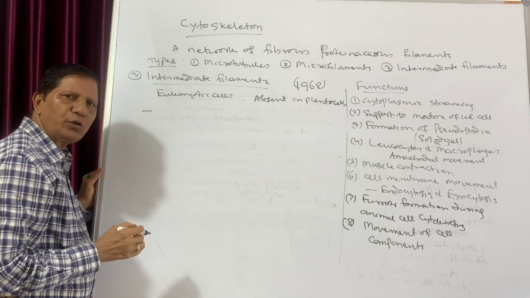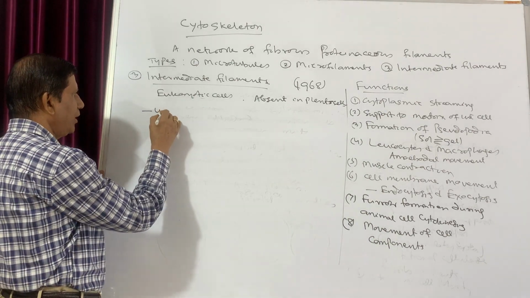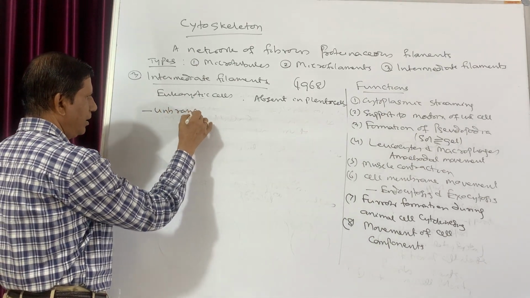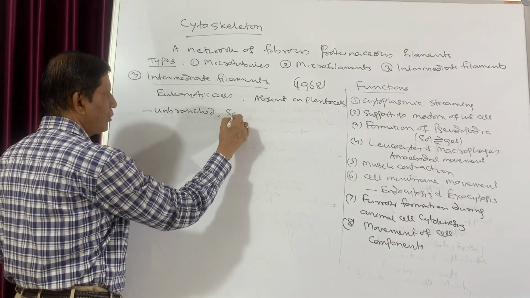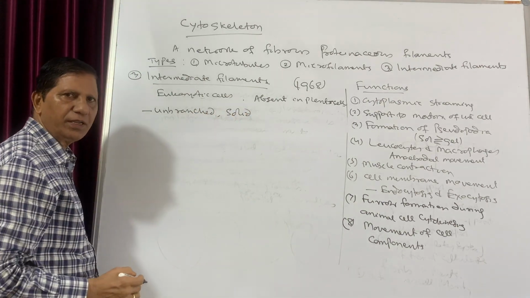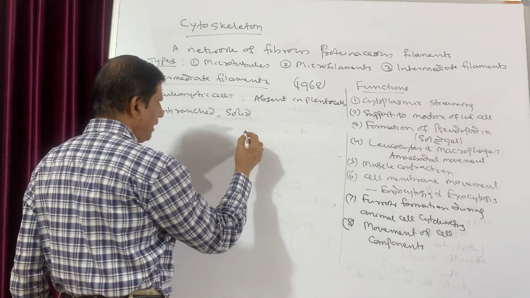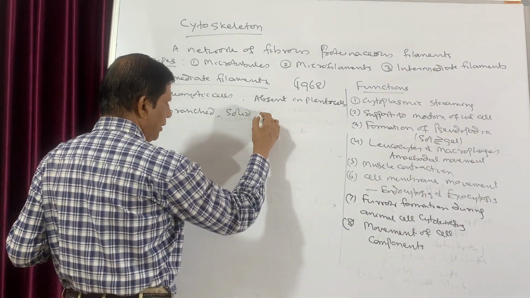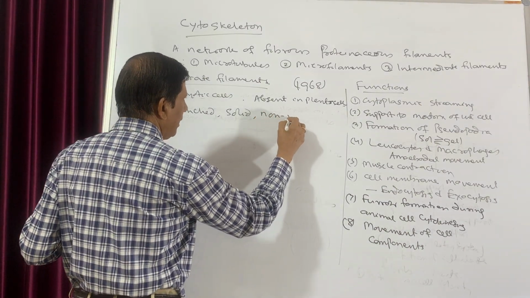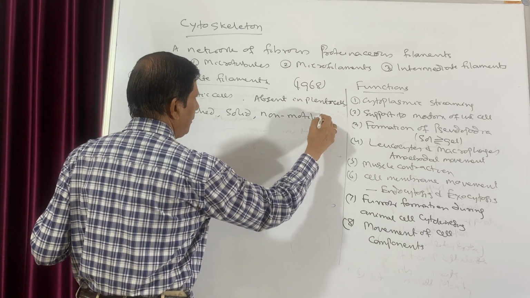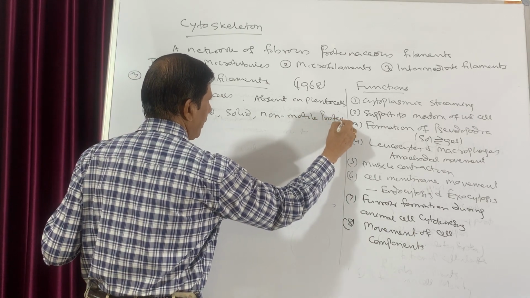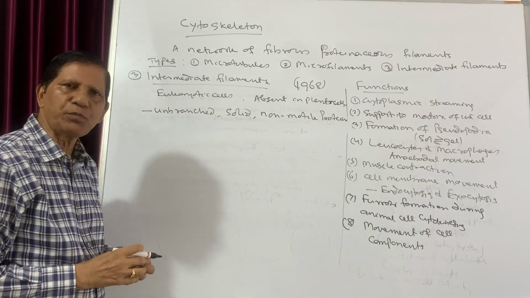Like the microtubules and microfilaments, these are also unbranched. These are solid like the microfilaments, and these are usually non-motile proteins. So what are the different types of proteins that are present?